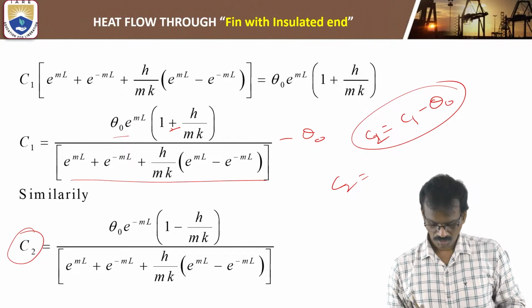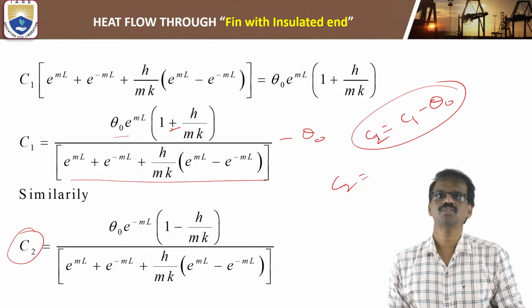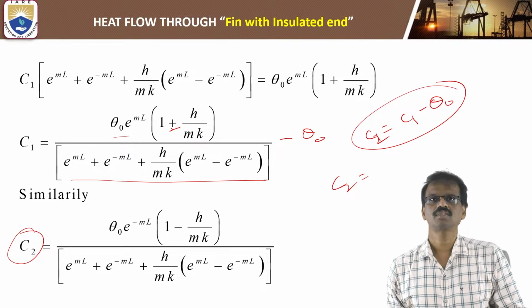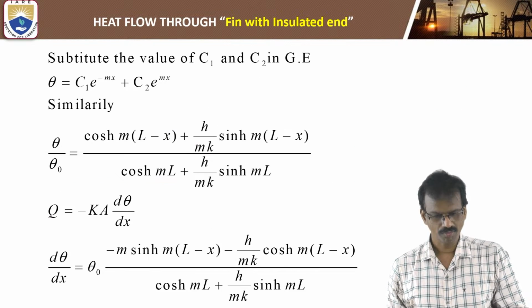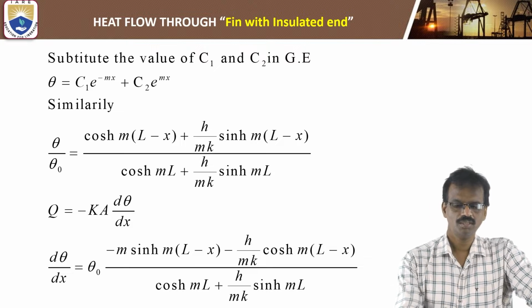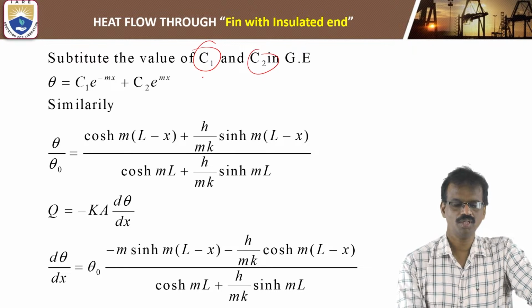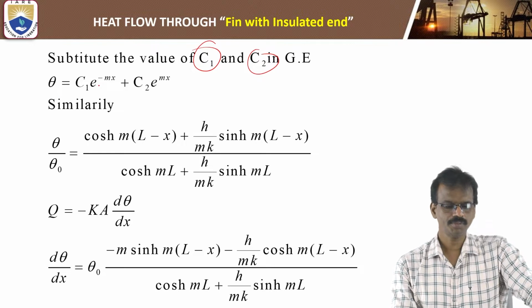Okay, then you can substitute the C1 and C2 values in the general equation. Then we'll get the temperature formula. The general equation, theta is equal to C1 e to the power of minus mx plus C2 e to the power of mx.